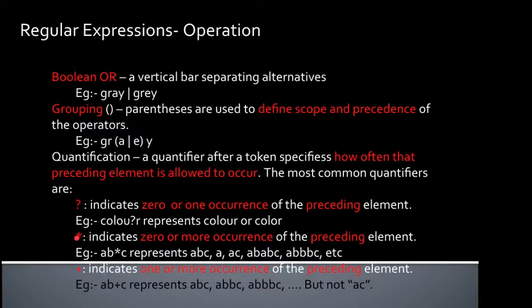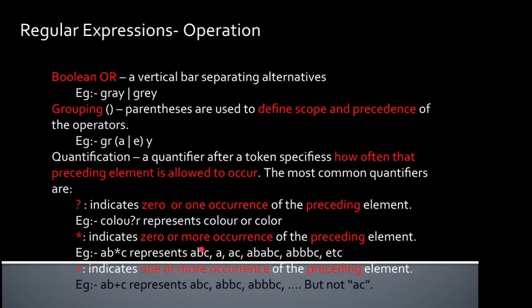Next is star. Star indicates 0 or more occurrences of the preceding element, the element that precedes the star. See ab*c. Here star precedes b. The preceding element of star is b. So we will say that there can be 0 or more occurrences of b. Hence ab, abc.